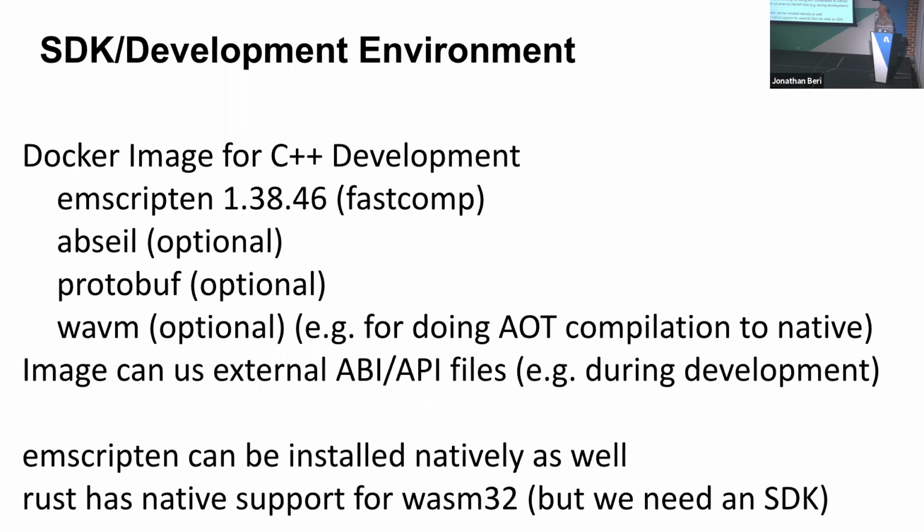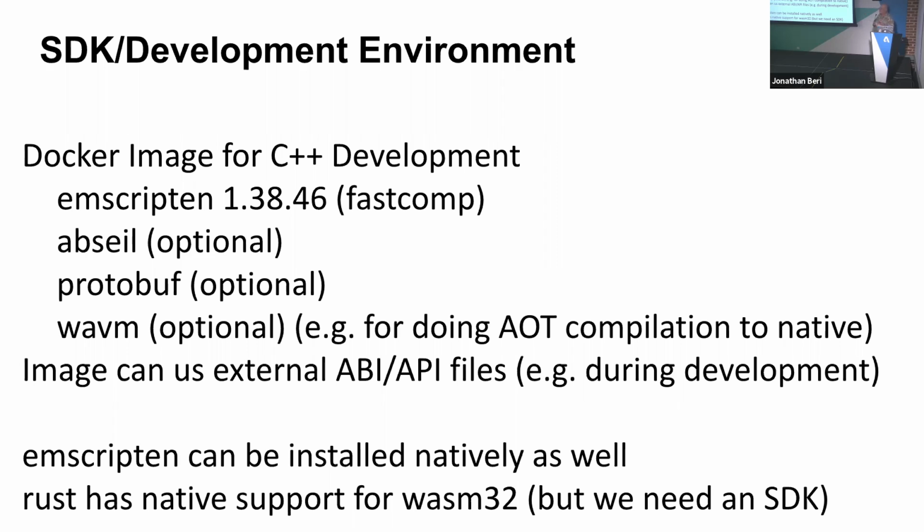Okay, so the current SDK development environment we have is a Docker image. And the reason why we went with Docker is because Emscripten's a little tricky, and because in order to use Emscripten with protobufs, you need to have a patched version of that library, and it needs to have been precompiled.